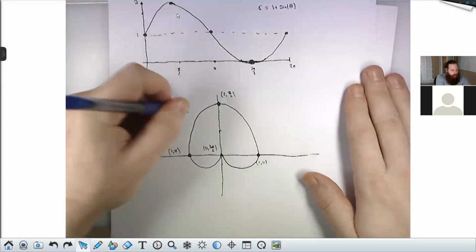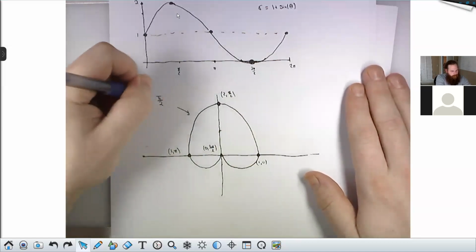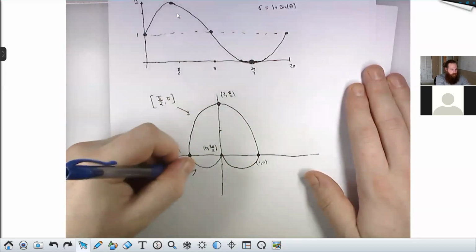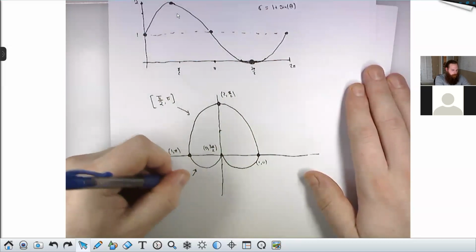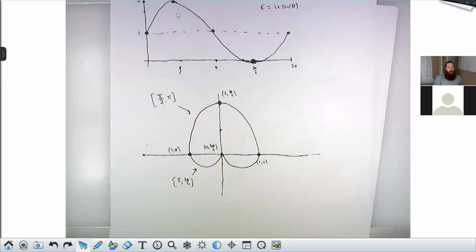So this part came from pi over 2 to pi. This part came from pi to 3 pi over 2. And because r is never negative here, we never had to do any reflecting through the origin.